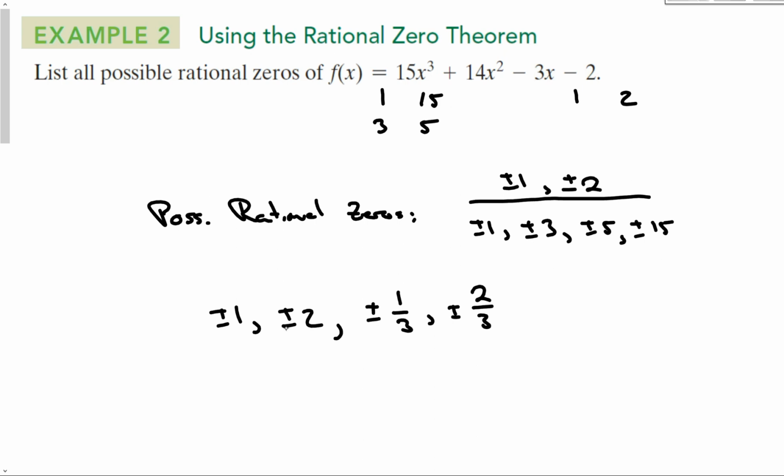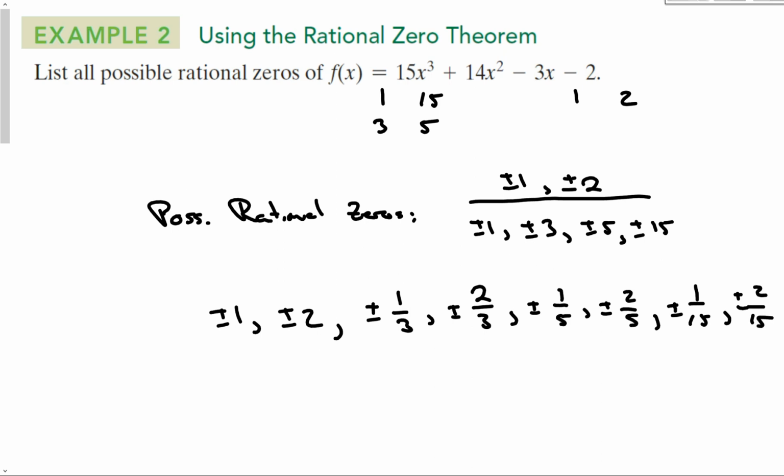Okay, so in the denominator here is my first factor of the leading coefficient, which is 1. Here's the second factor, which is 3. Now I'm going to take both of these terms and divide them by 5. So that's plus or minus 1/5 and plus or minus 2/5. And then finally, both of them divided by 15, plus or minus 1 over 15, plus or minus 2 over 15.